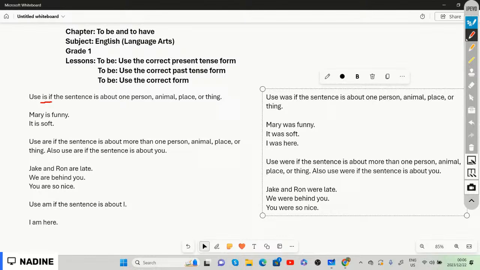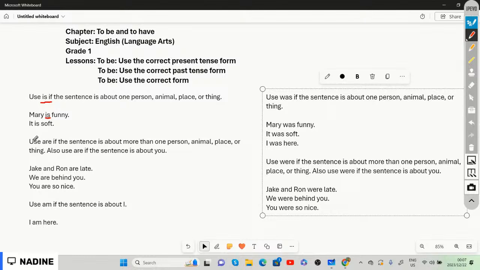For example, Mary is funny. If we refer to one person doing a specific action, we use the word is.